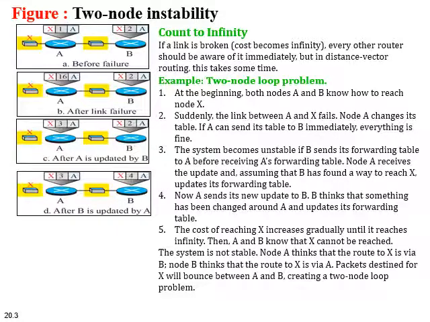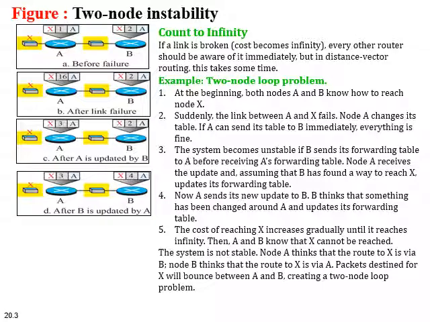Now A sends its new update to B. B thinks that something has changed around A and updates its forwarding table. Now B thinks that something might have changed in A's table, so I need to update my table accordingly.